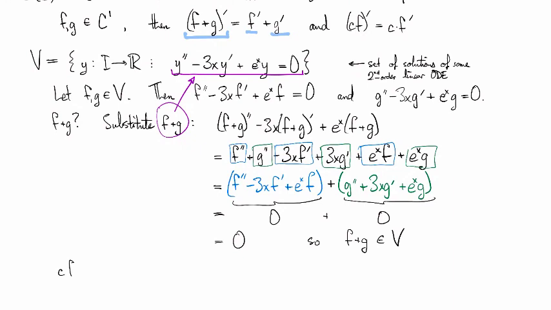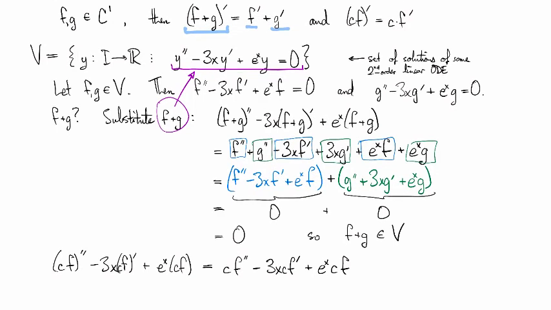And if I look at a scalar multiple, then I'm going to have to substitute this scalar multiple in. So I'm going to have (cf) double prime minus 3x (cf) prime plus e to the x cf. And what can I do here? Well, this is going to be c f double prime minus 3x c f prime plus e to the x c f.